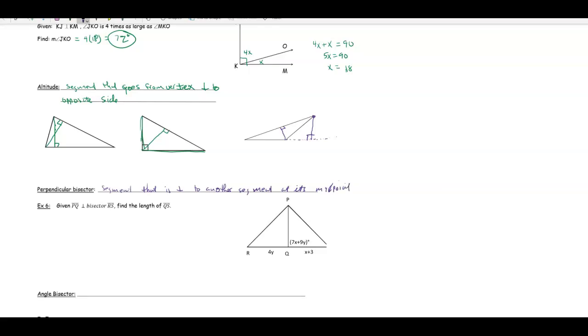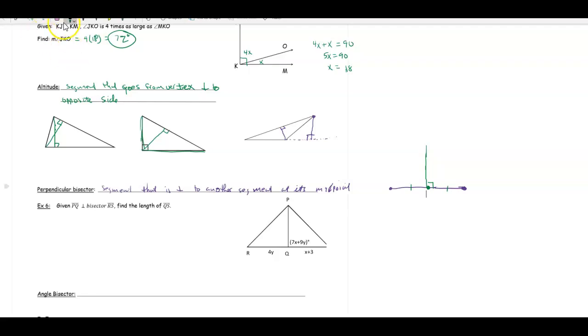So right away, I can have a triangle, I could have a segment, it doesn't matter. But for a perpendicular bisector, first you find the midpoint of a segment, so these would be congruent. Then you draw a segment to the midpoint and create that right angle. And that would be a perpendicular bisector.